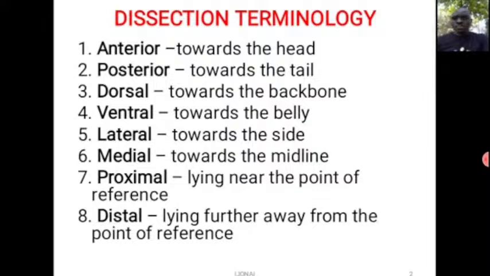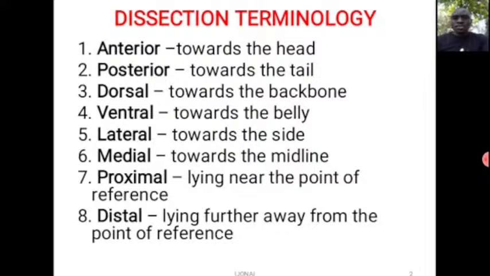And then we have distal. Distal is the opposite of proximal. Simply means lying further away from the point of reference. Distal, far or distant from that particular point. So members, those are not all the terms that we use, but those are some of them.